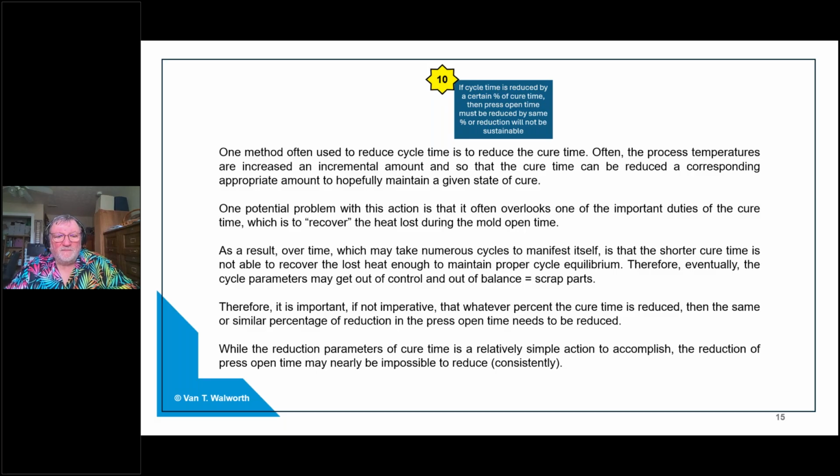Most molders and process people understand that if I raise the temperature just a little bit, theoretically, I can shorten the cure time a little bit and have the same state of cure. If I lower the temperature a little bit, I may have to extend my cure time a little bit in order to reestablish the same state of cure.